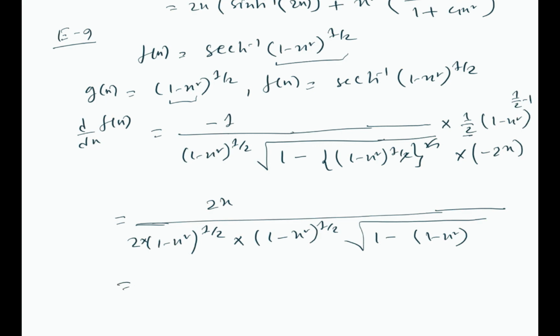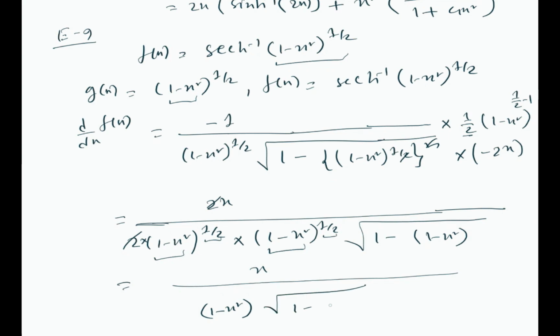So the final answer would be C. These 2 and these 2 get cancelled, and in the numerator we have only x, and in the denominator we have C. Here our bases are the same, so we can add the powers: 1 minus x squared all to the power half plus half, so it would be 1. So I don't need to write 1, and then square root of 1 minus 1 minus x squared.